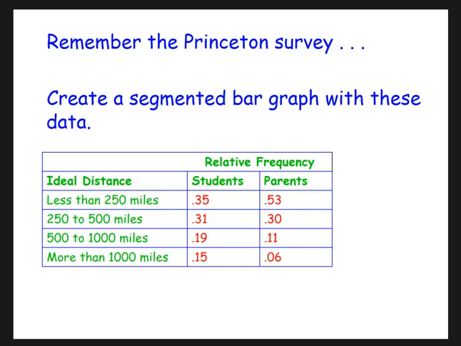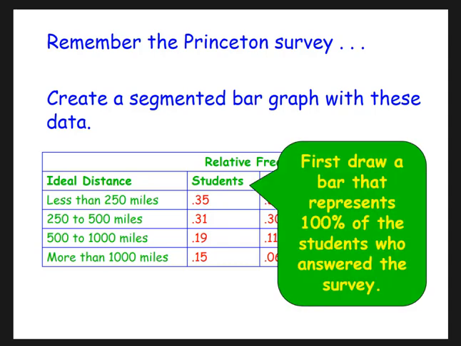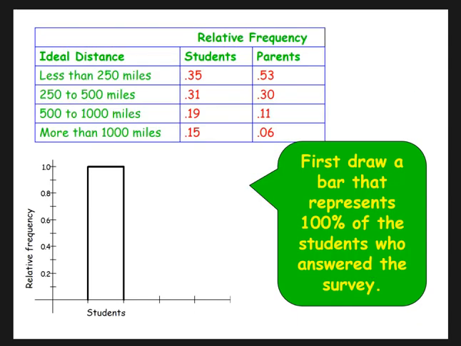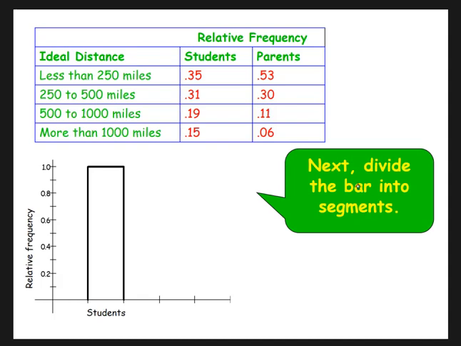So in this case, here's our data from the distance from home for colleges. We first draw a bar that represents 100% of the students who answered the survey. So that's all the students. Next, we divide it into segments. Well, if that represents 100% or 1, 35% or 0.35 is going to be less than 250 miles from home.